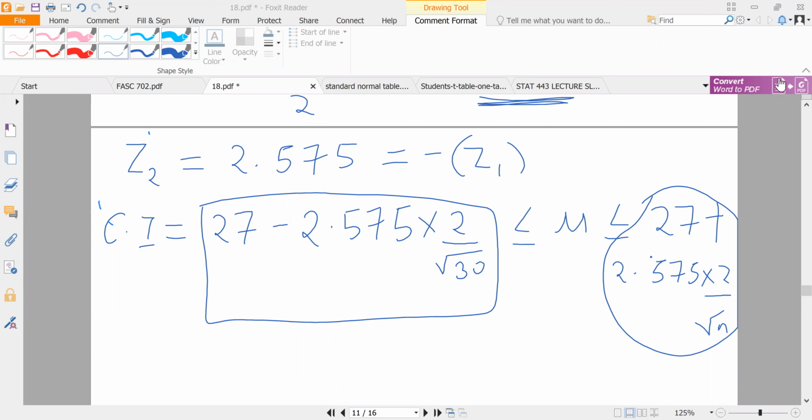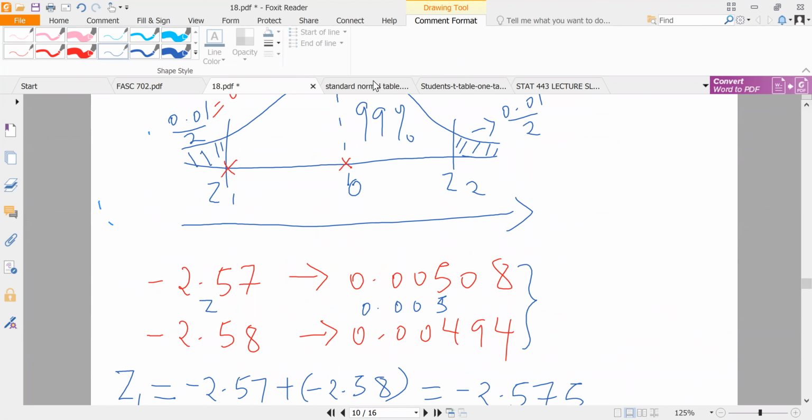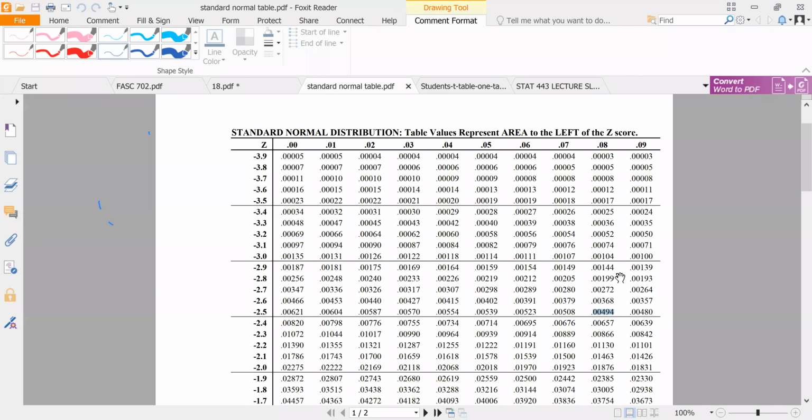Please note that in this case, the Z values will be determined by where the accumulated probabilities are.